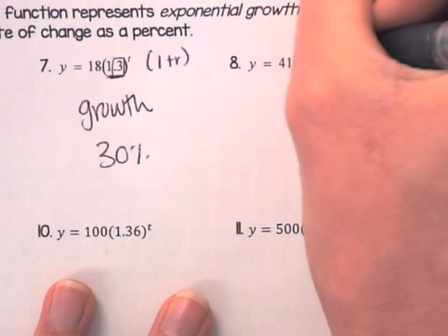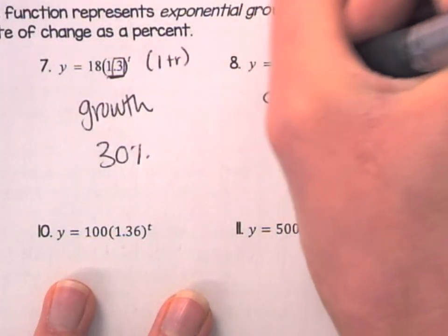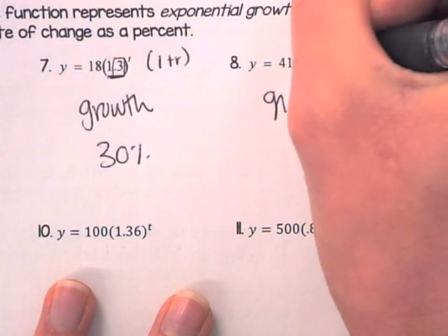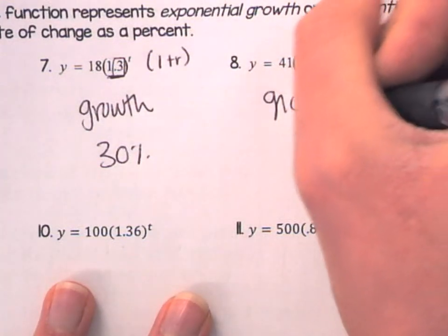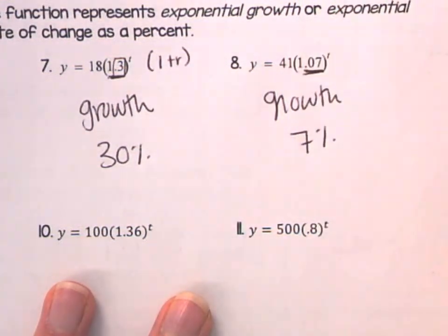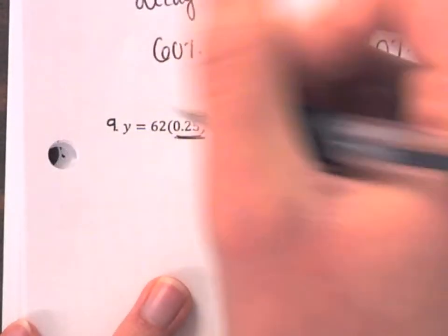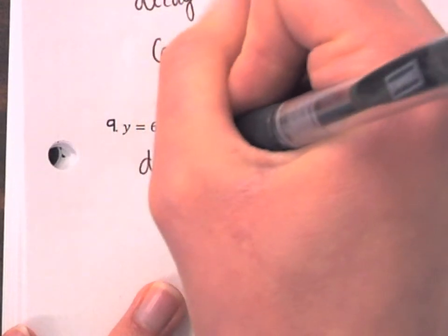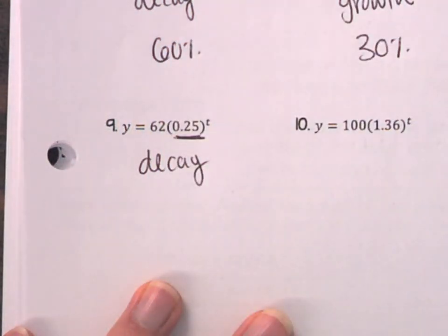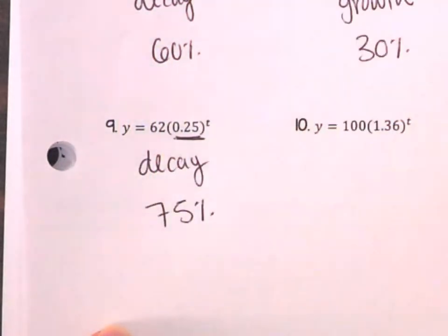On number 8, it's greater than 1, so this is going to show growth, and the amount extra from the 1 is the 0.07, or 7%. Number 9 is less than 1, so that's going to show decay. And what this says is that after each year or sequence or whatever, there's going to be 25% remaining, which means it went down by 75%.